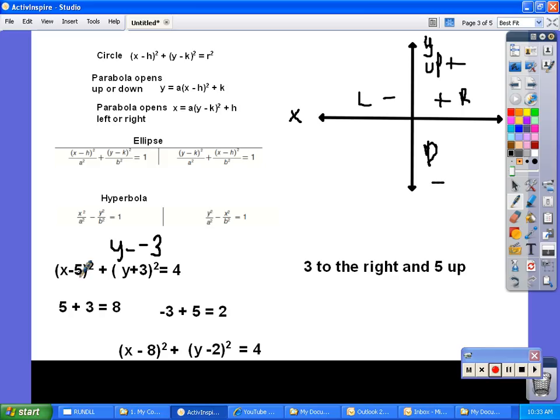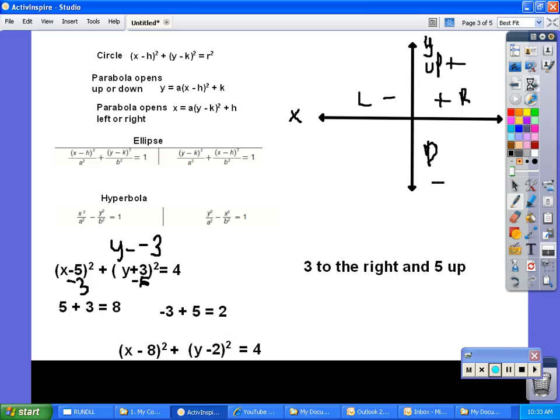Instead of adding 3, I'm going to do the opposite and subtract 3. Negative 5 minus 3 is negative 8. That way you're always correct with your sign. For some of you, this might be a better approach. Now, 5 up is really a minus 5. So positive 3 minus 5 equals negative 2, which is what I have down here. You need to look at the different approaches and decide which works best for you.